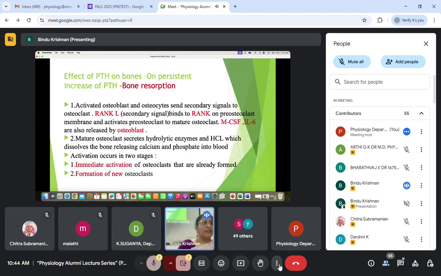This action of PTH can occur in two stages. One is immediate activation of osteoclasts which have already formed, and the other is that it also helps with the formation of new osteoclasts. This is the scenario when I have persistent release of PTH, for example with an adenoma in the parathyroid, where the bone is going to get resorbed.